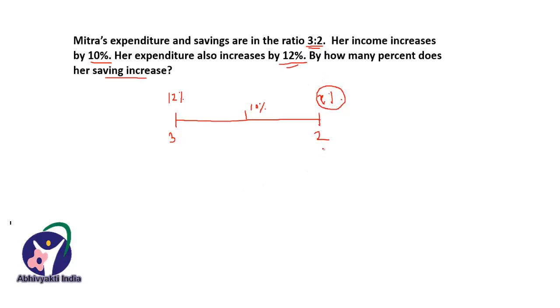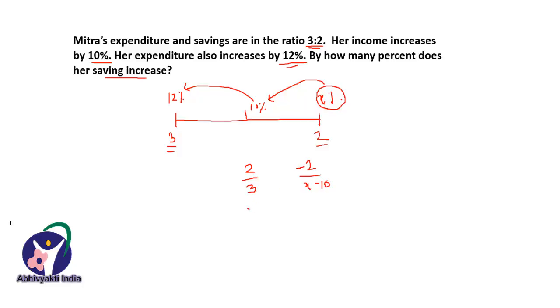So here again we can say that 2 corresponds to AW minus A1. So 2 corresponds to 10 minus 12, that is minus 2, and 3 corresponds to A2 minus AW, that is X minus 10. So 3 corresponds to X minus 10.